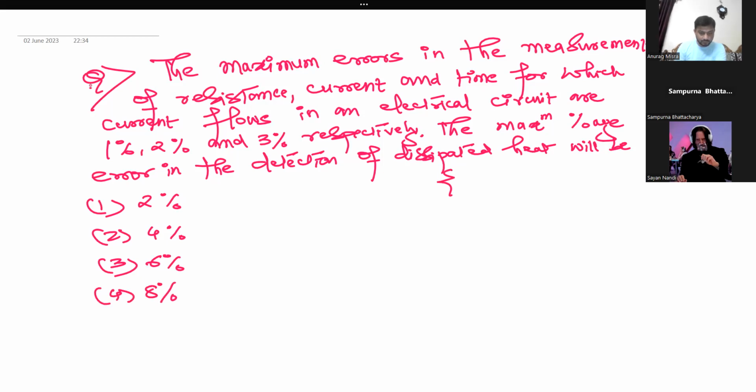Okay, a question from JEE Mains 2022. Okay, what will be the result?